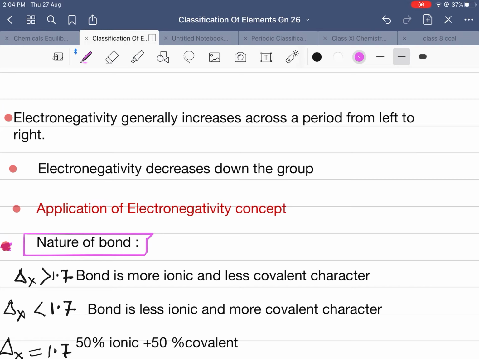Moving down a group, as the nuclear charge increases, one might expect the electronegativity of the lower element to be more than that of the upper element. But actually it is not the case, because the disadvantages of increase in atomic radius and shielding effect are more than the advantages gained through increase in nuclear charge. In general, therefore, small atoms attract electrons more than bigger ones and are more electronegative.